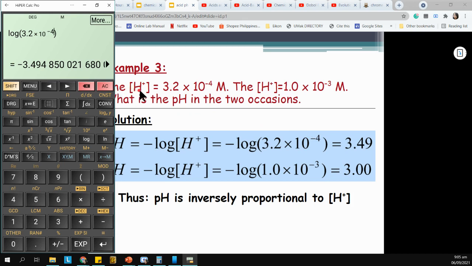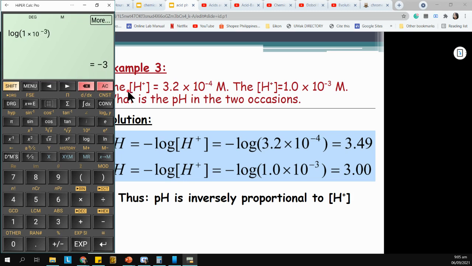So, if the hydrogen concentration is 3.2 times 10 to the negative 4, the pH is 3.49. Okay? And then on the second one, if hydrogen concentration is 1 times 10 to the negative 3, what would be the pH? Okay, 1 exponent negative 3.